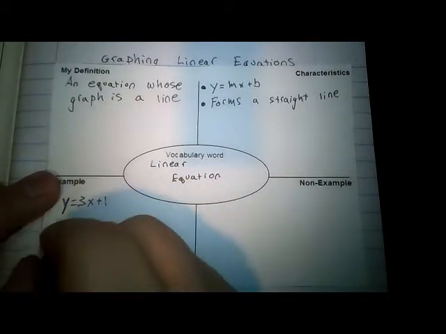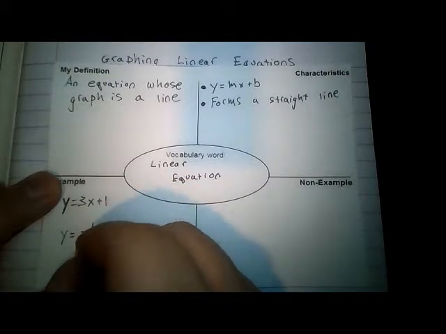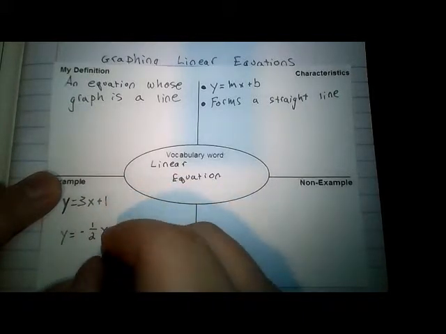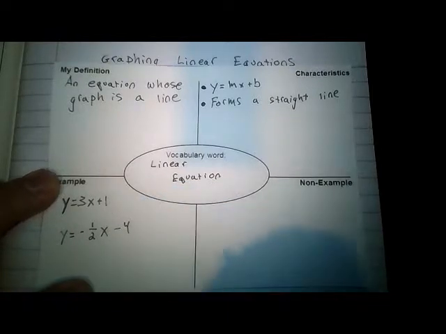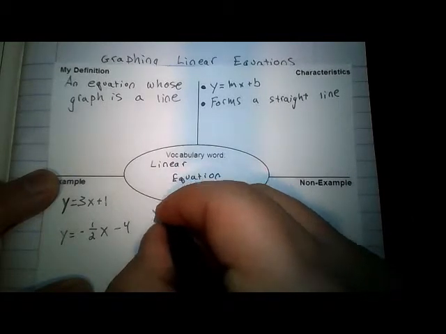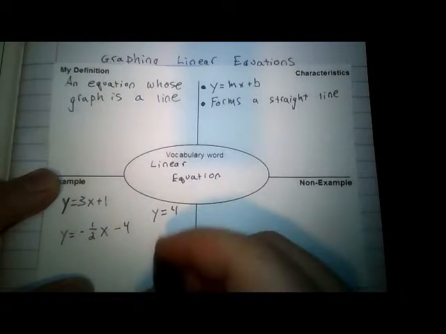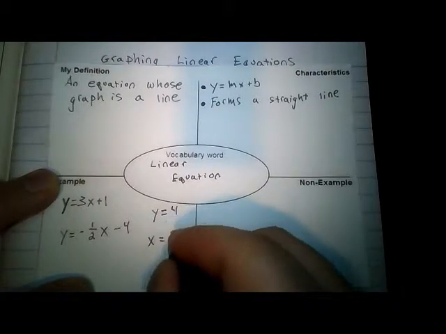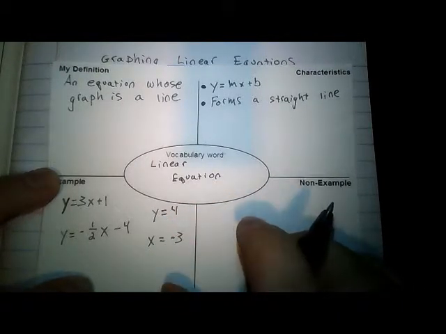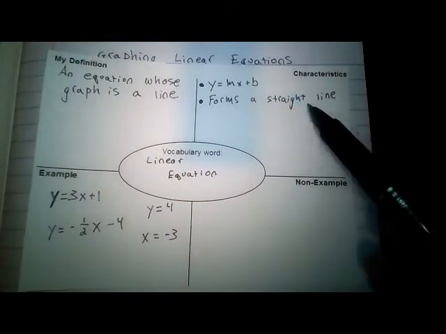Another example: y = -1/2 x - 4. Another example is if you just had a line like y = 4, or maybe x = -3. And when we start to graph these lines, you'll notice that all of them are going to be a straight line.